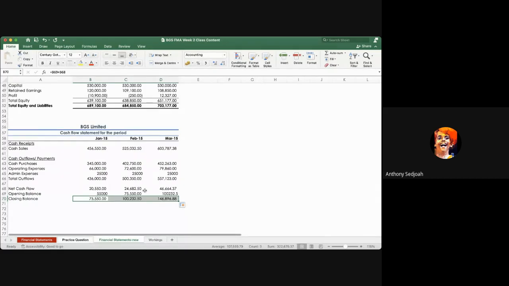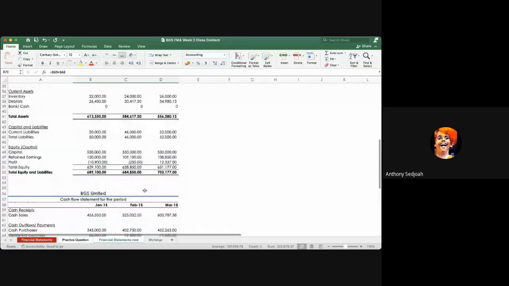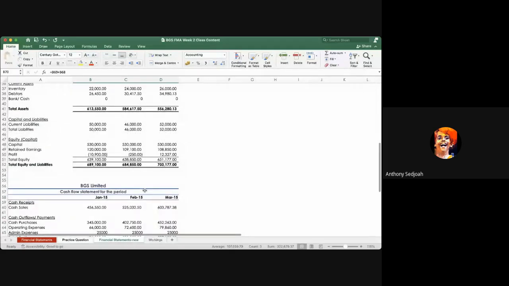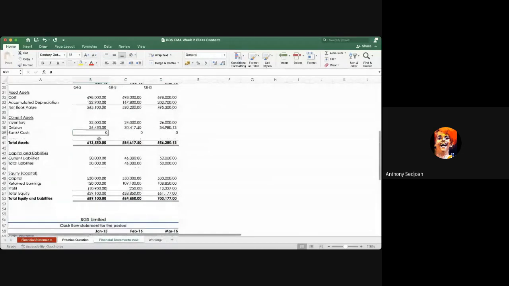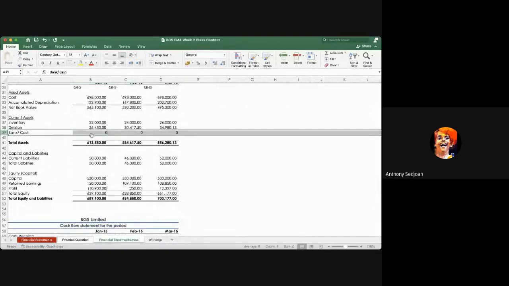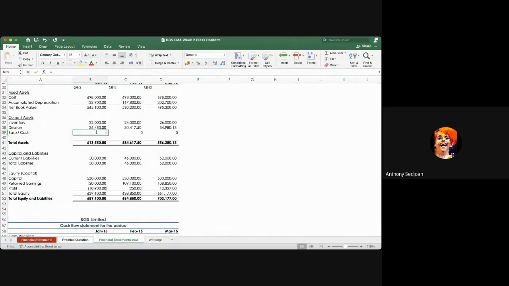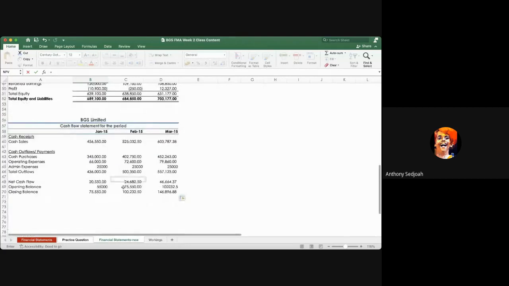So first of all, let's put it in our balance sheet to see if we did the right thing. I'll go back to the balance sheet, and in the row containing the bank or cash, I'm going to reference the cells that contain the closing balance from our cash flow statement.